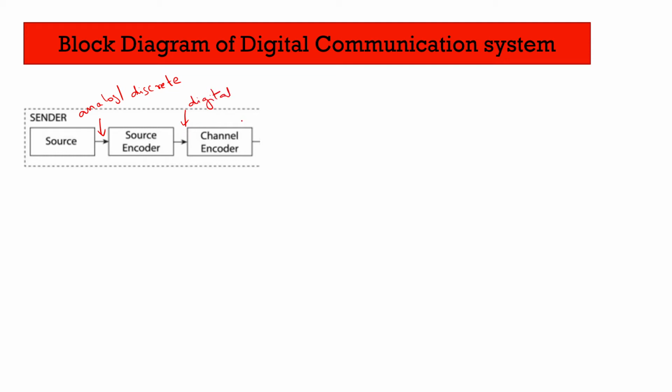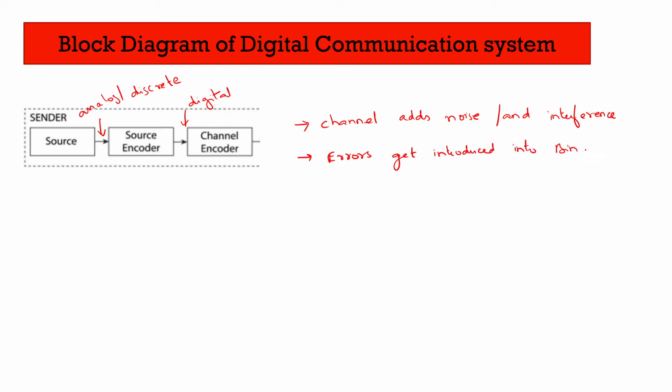Now this has to be transmitted through the channel, and we all know that the channel adds noise as well as interference. Therefore, when the channel adds the noise and interference, errors get introduced into the binary stream or the binary sequence.